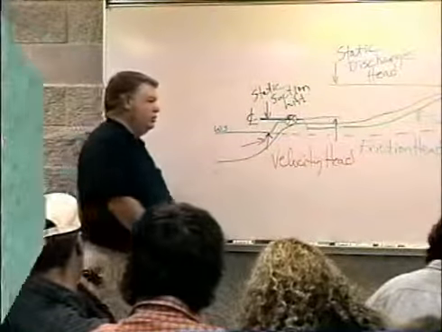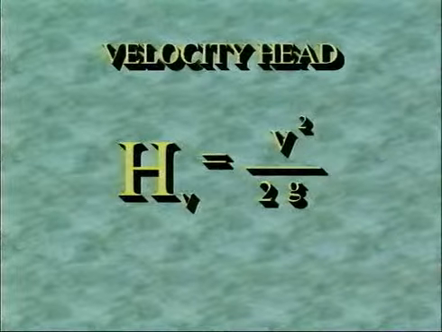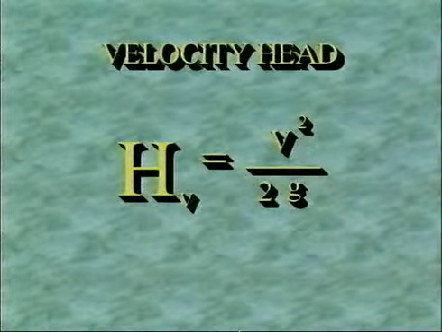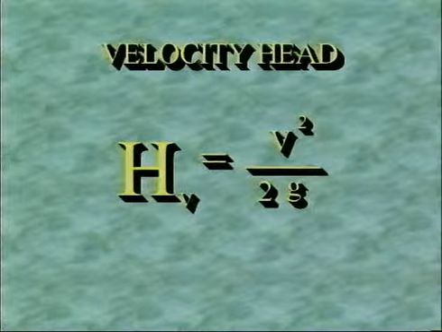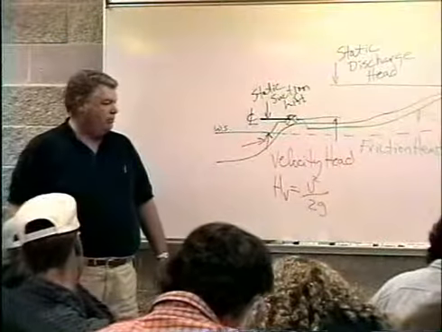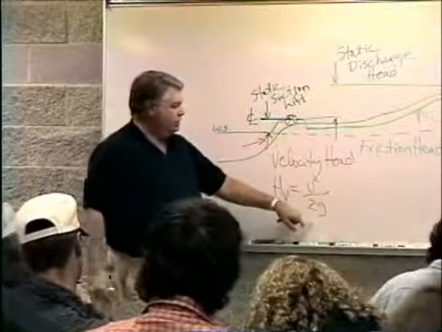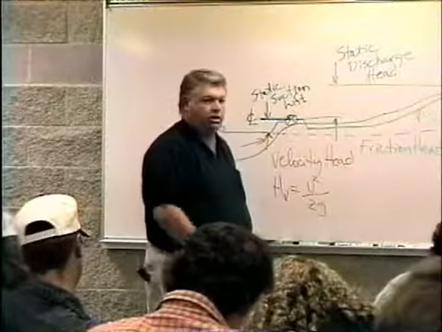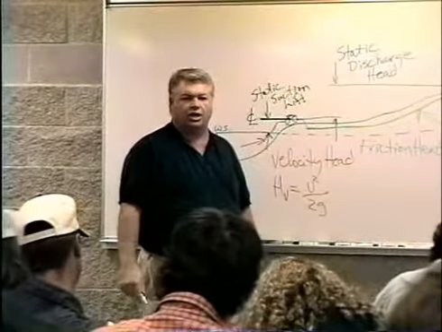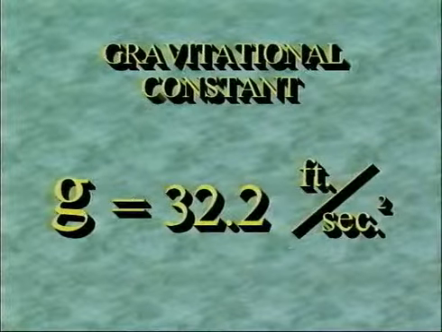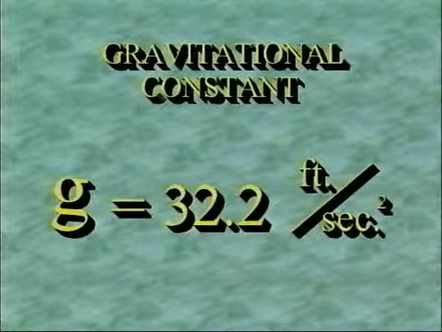It's calculable. The velocity head, we call it h_v, equals the velocity squared divided by 2 times g, the gravitational pull. That's the energy it takes to get it moving up into the pipe. Velocity is however fast it's going up the pipe, 2, 3, 4, 5 feet per second, and g always equals the gravitational constant.